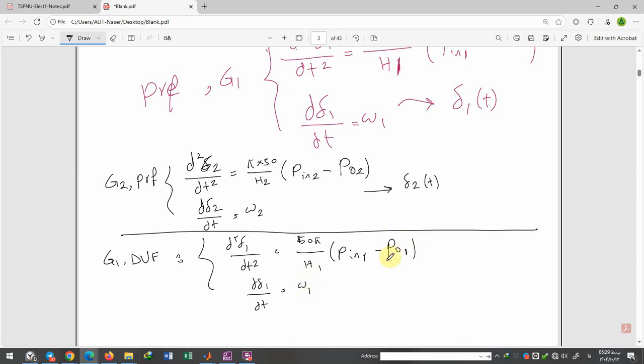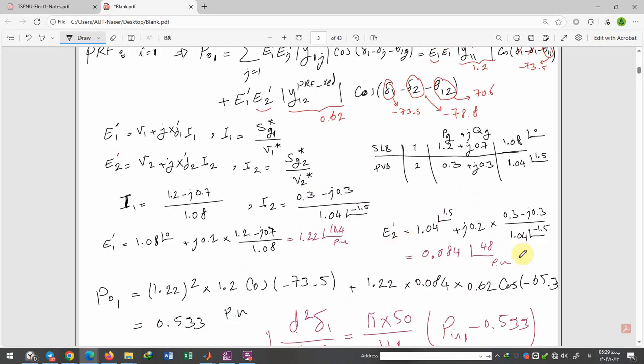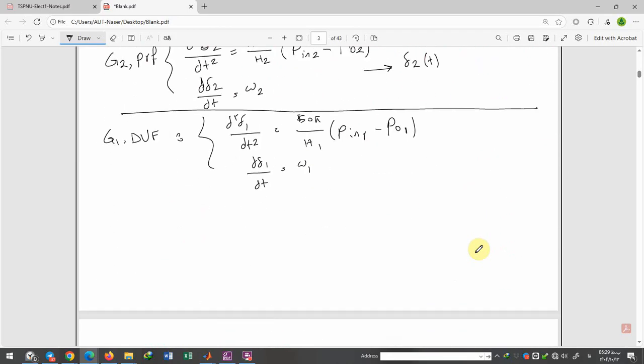The PO1 during fault, you have to do it in during fault.